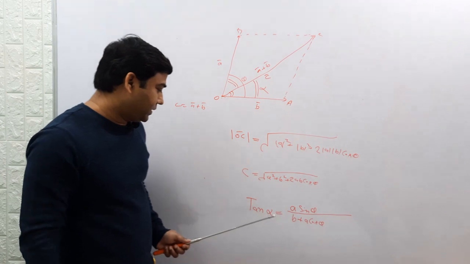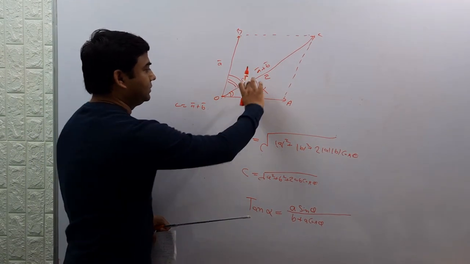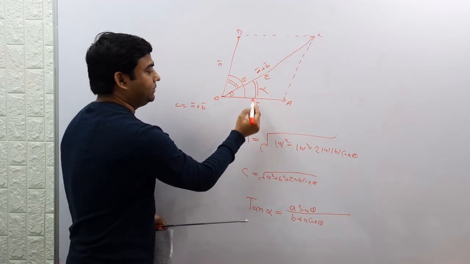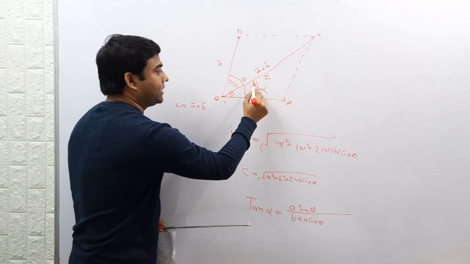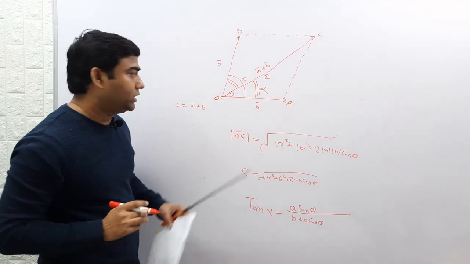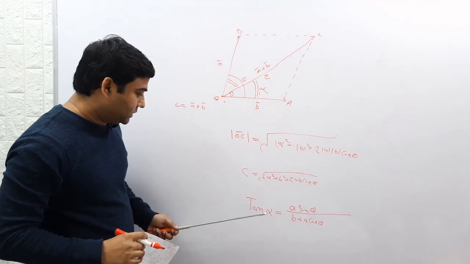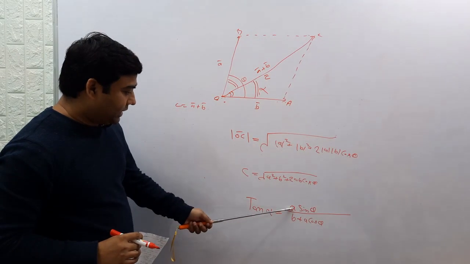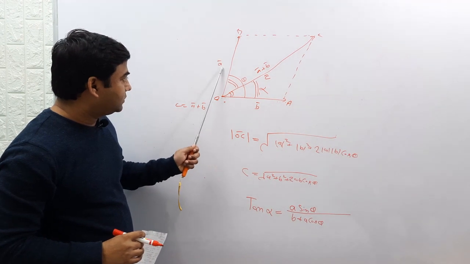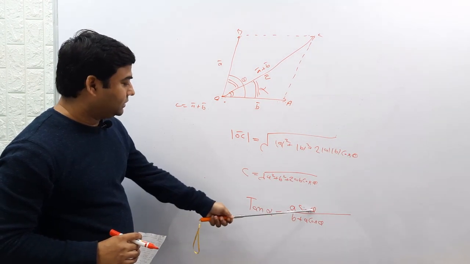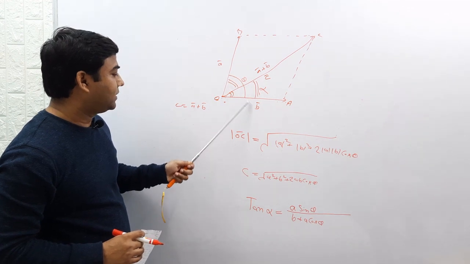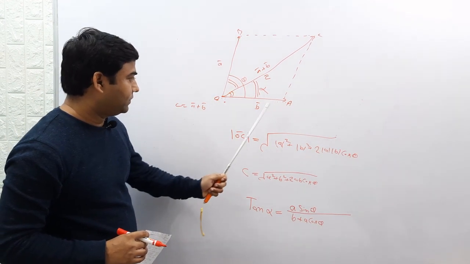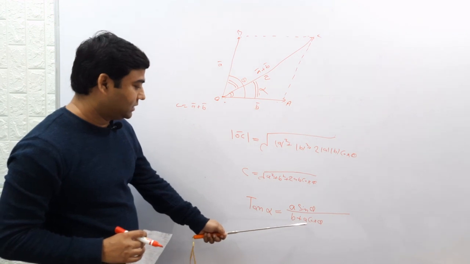So this is the angle of the resultant vector from OA. Vector OA and the resultant vector make an angle, sorry, alpha with each other. This angle alpha: the numerator is the modulus of vector A times sin theta, A sin theta. The full angle is theta. Divided by B plus A cos theta.